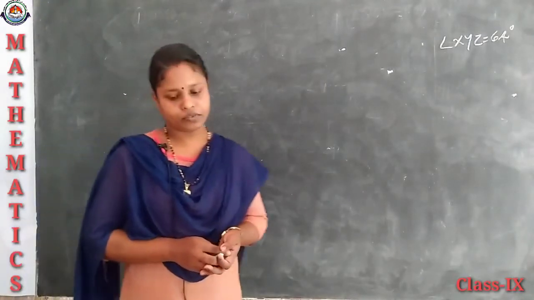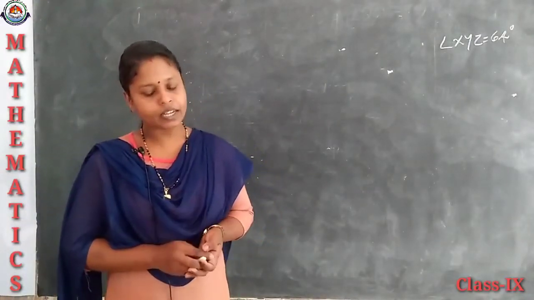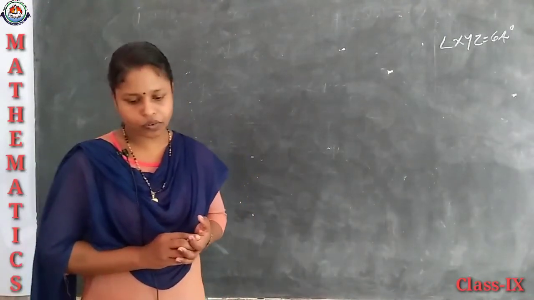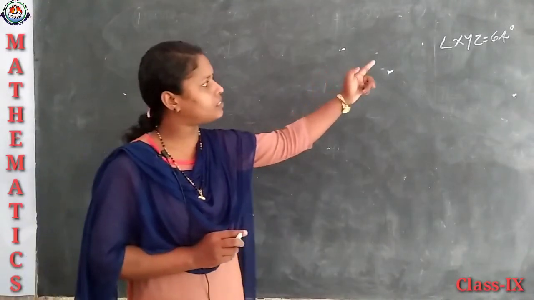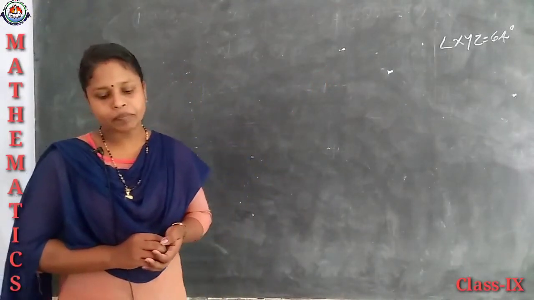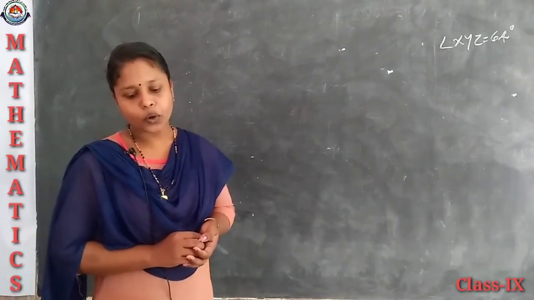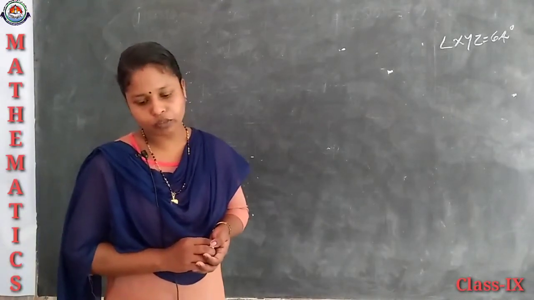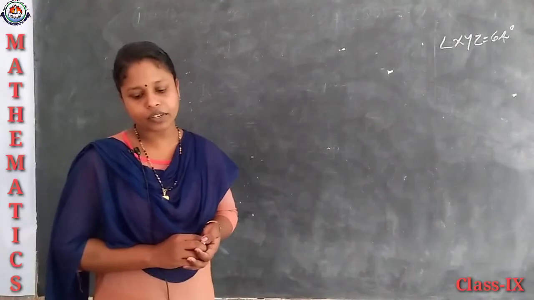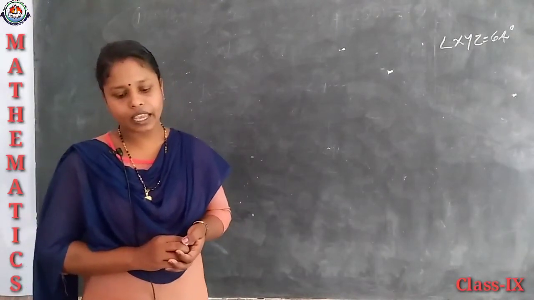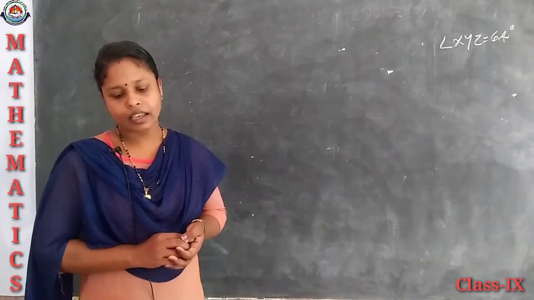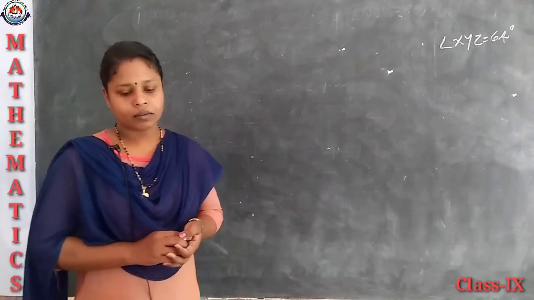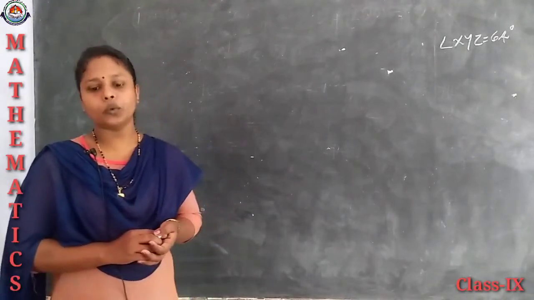Listen to the question. In the figure, it is given that angle XYZ is equal to 64 degrees, and XY is produced to point P. Draw a figure from the given information. If ray YQ bisects angle ZYP, find angle XYQ and reflex angle QYP.